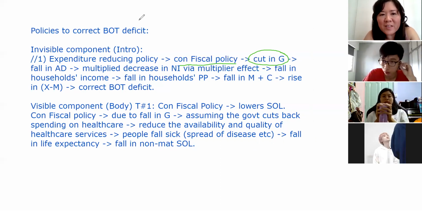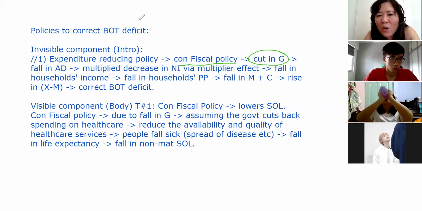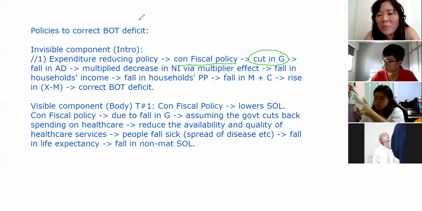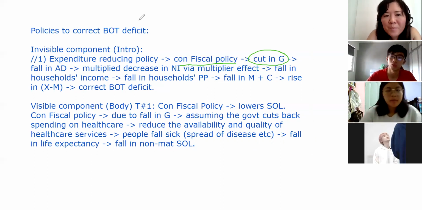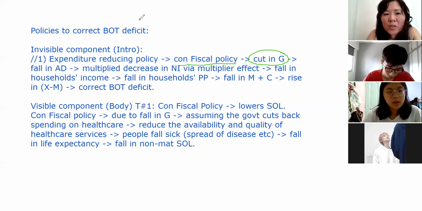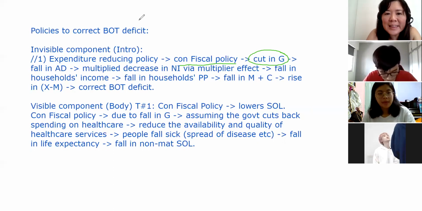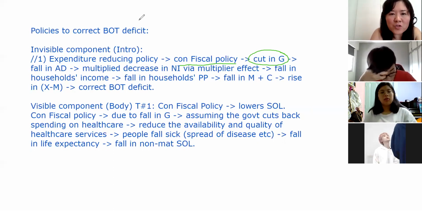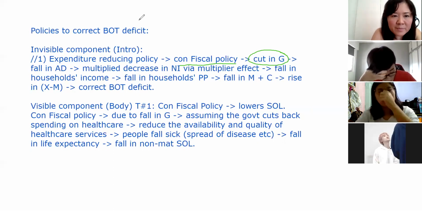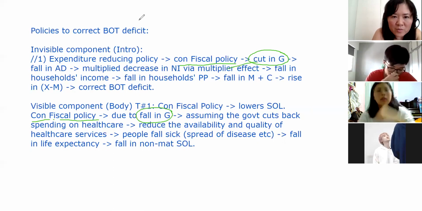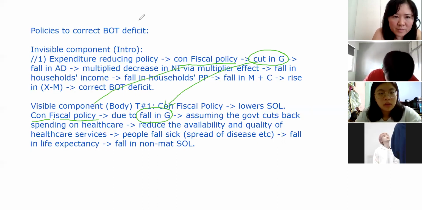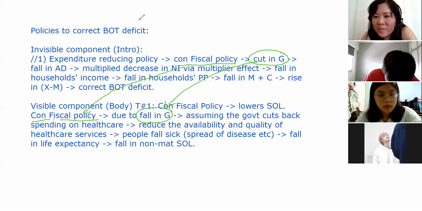But because the visible component wants us to say how it leads to the fall in non-material standard of living, when we go on to the visible component, in the first point we have to link this contractionary fiscal policy, which is also due to the fall in G.